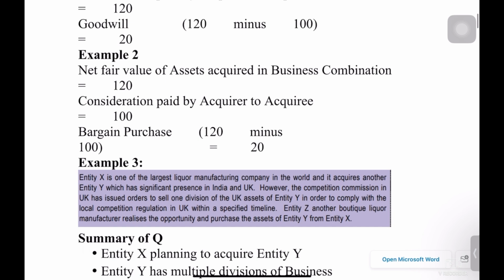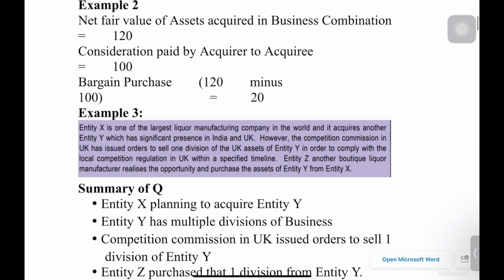Then if you go through example 2, this is the example with respect to bargain purchase. The term bargain purchase comes because the acquirer acquires more fair value of assets but pays less. Which means he bargains on the consideration payable and effectively pays less than the fair value of assets acquired.